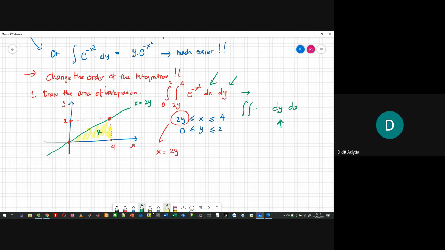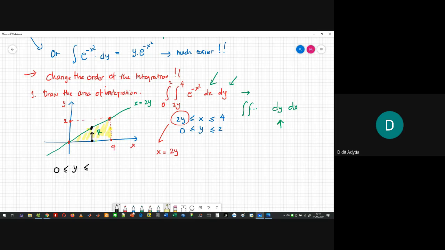So first integrate with respect to y. Y is from 0 until this line.